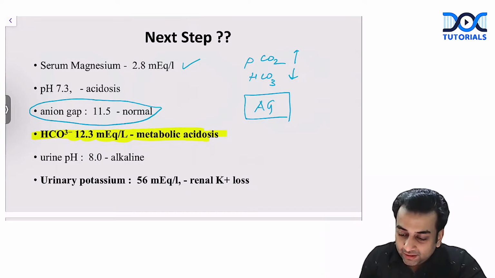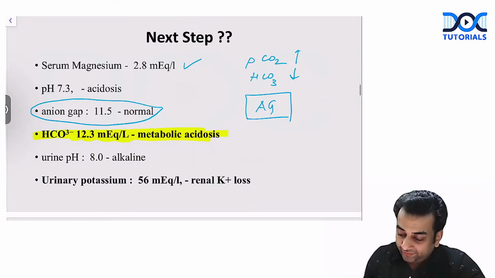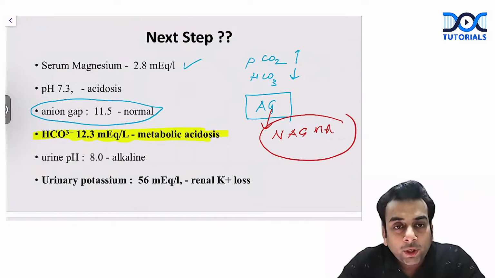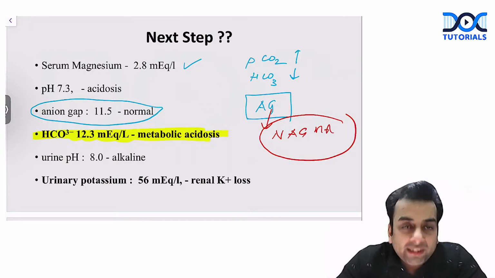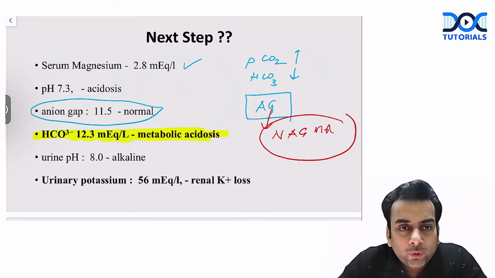So to say, this was not a high anion gap metabolic acidosis. In fact, it was a NAGMA, a normal anion gap metabolic acidosis. Now you know the causes of NAGMA. It could be diarrhea, it could be renal tubular acidosis, it could be certain other conditions as well, but there are usually these two common conditions that could cause normal anion gap metabolic acidosis.